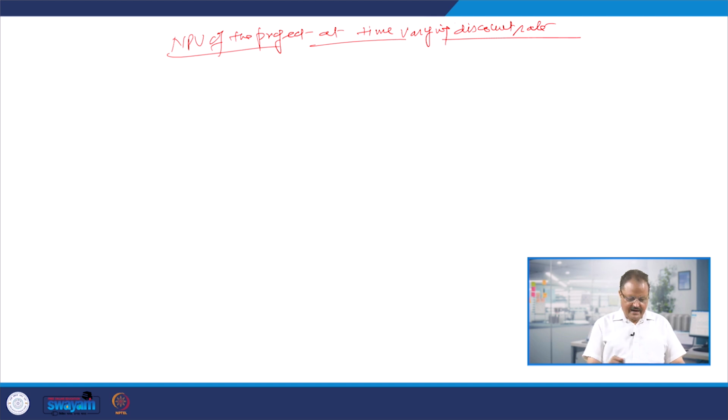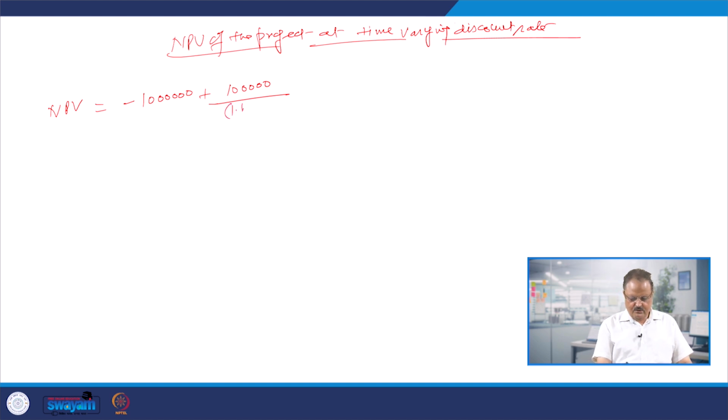In this case, we'll have to do it again in the equation form. So for calculating the NPV of the project, we will have to take the time varying discount rate, and first say the cash outflow is again 10 lakh rupees, 1 million rupees. And now we have to take the first cash inflow, and first cash inflow is how much? 1 lakh rupees, 100,000. And you have to discount it at what rate? The discount rate given here is simple, that is 12%.